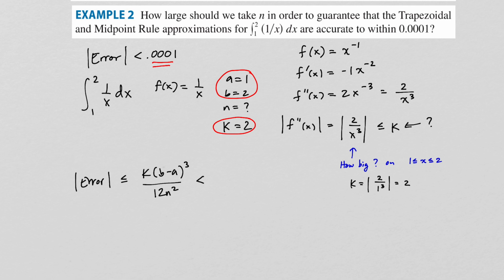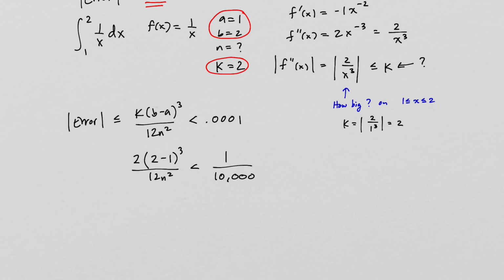And we need that to be less than 0.0001. So if I fill in the value of k is equal to 2, the value of b equals 2, a equals 1. And then on the other side, I'm going to change this to be 1 divided by 10,000. We should now be able to solve for n.